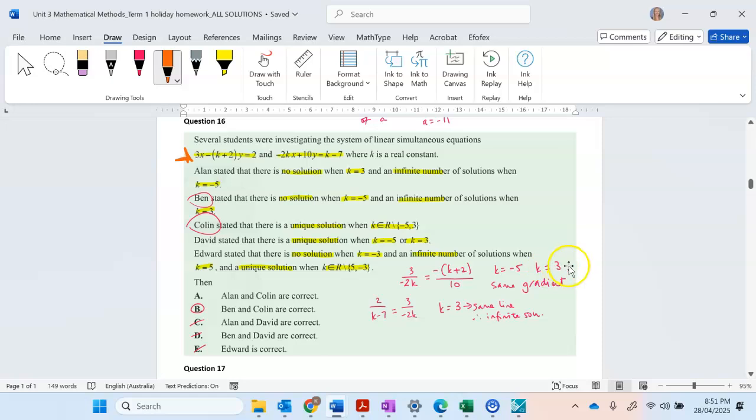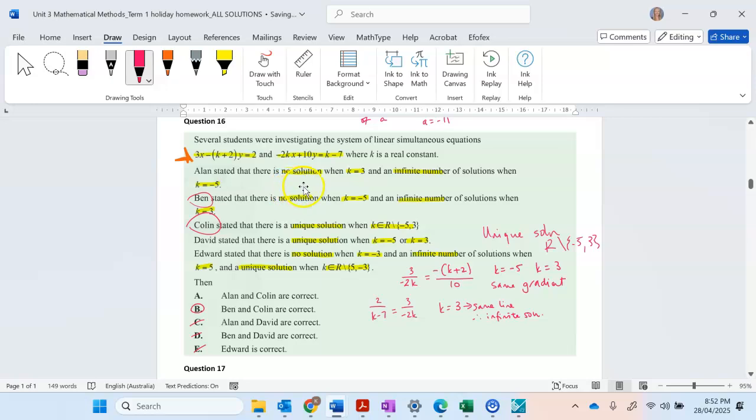So there's a unique solution when you've got any real value excluding those two. When k equals -5 and k equals 3, it's either going to be parallel lines or the same line. For anything other than -5 and 3, we're going to have a unique solution.